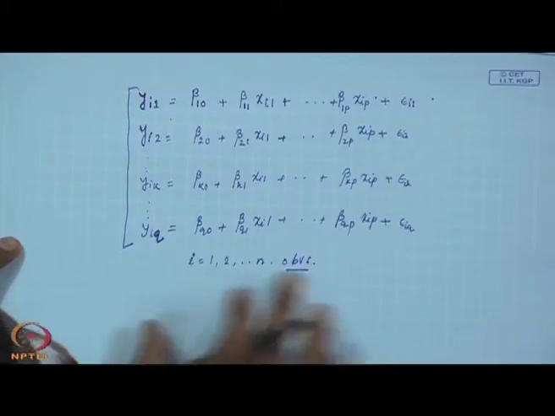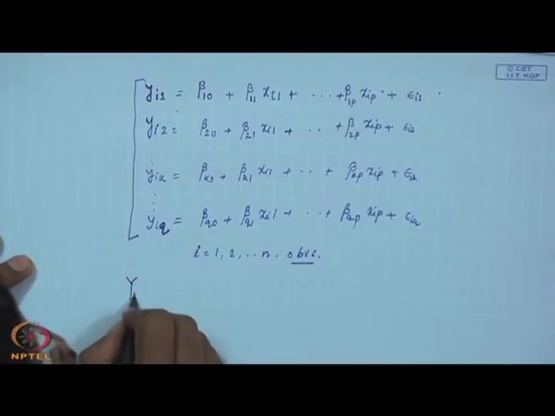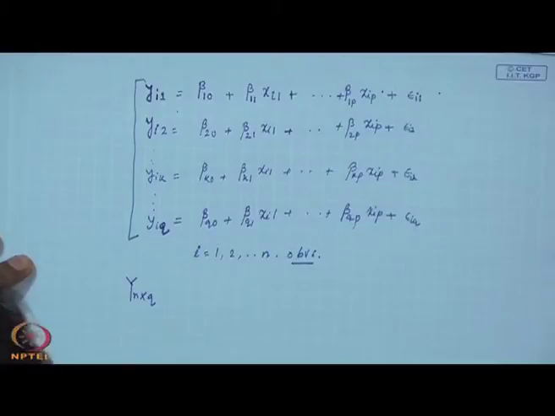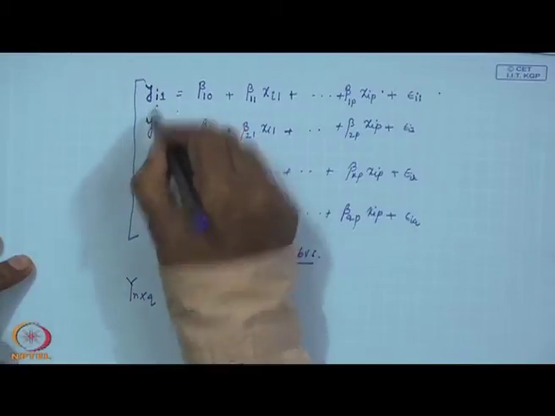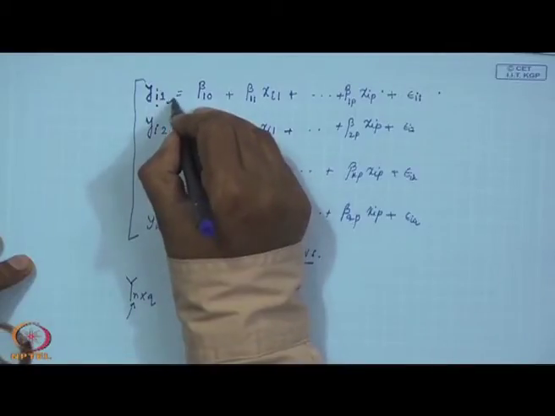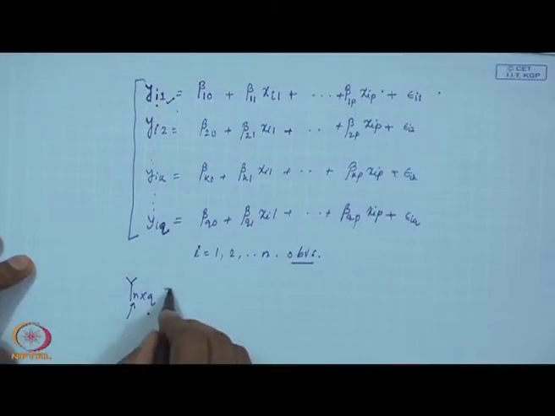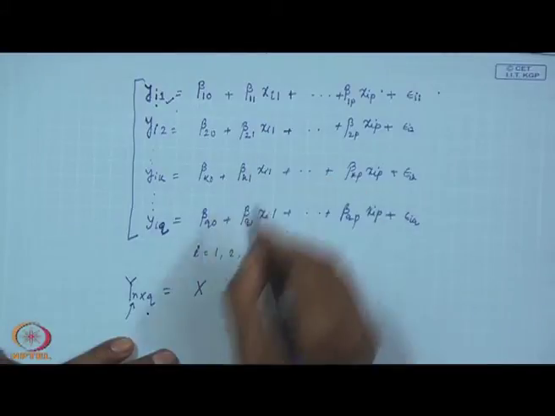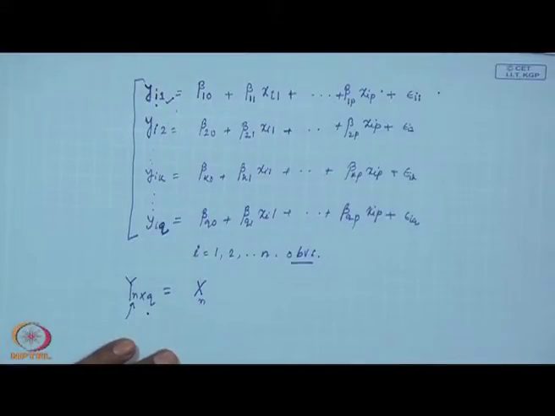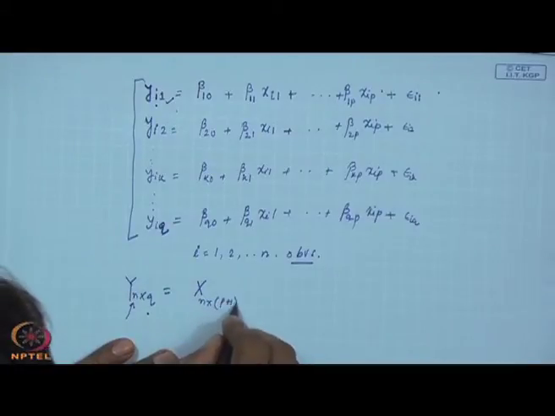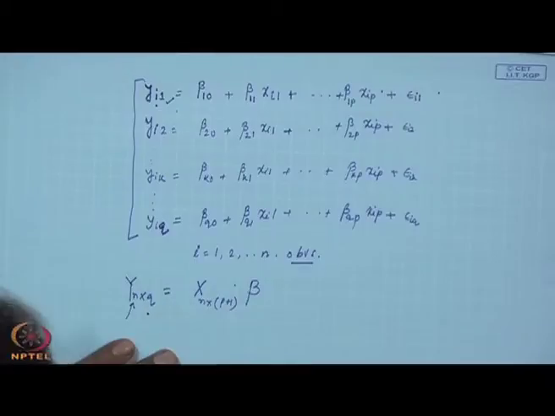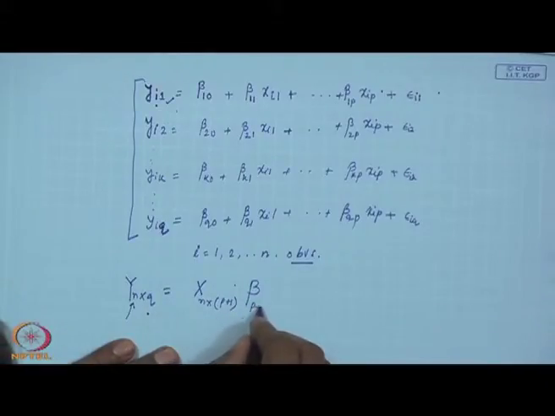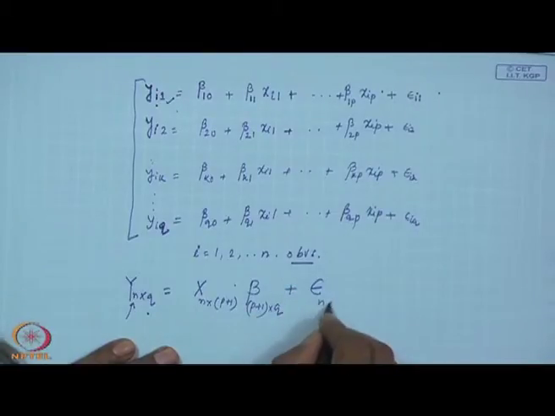That is why you are getting y as n cross q, where i changes from 1 to n and the variable changes up to q. Then x will also be n cross p plus 1, then there will be beta, which will be p plus 1 cross q, plus you have epsilon, which is n cross q. This is the general equation.